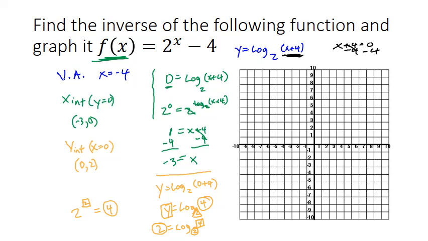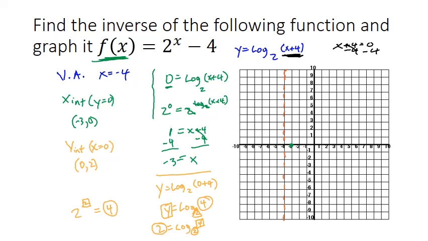Now let's put this together to make our graph. We know that we have a vertical asymptote where x is negative 4. We know that we have an x-intercept at negative 3, 0.